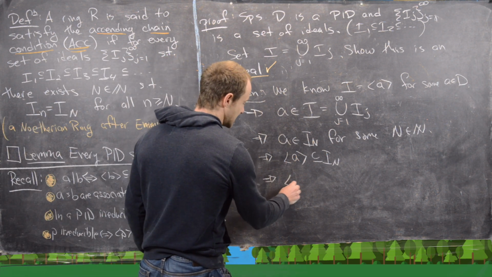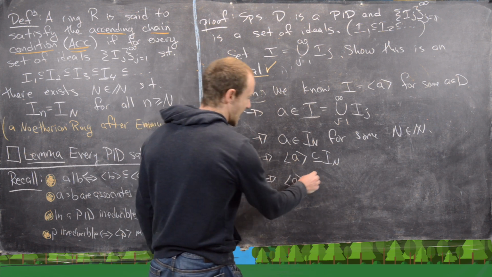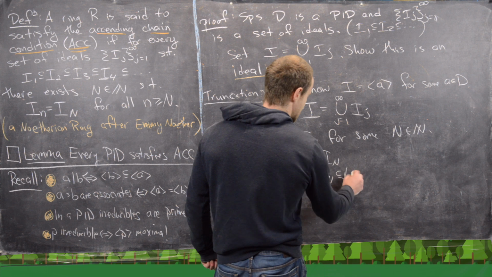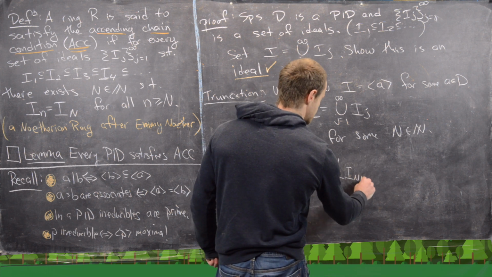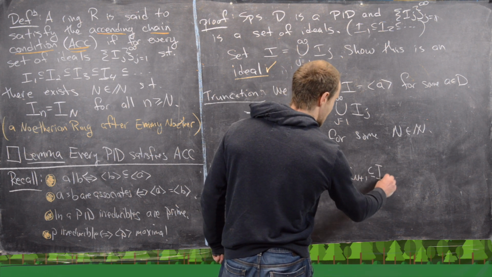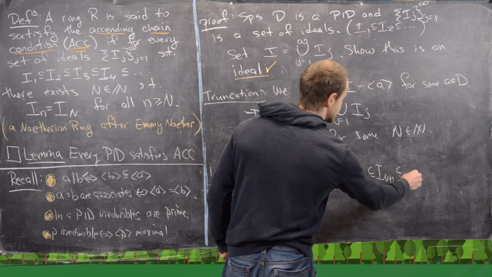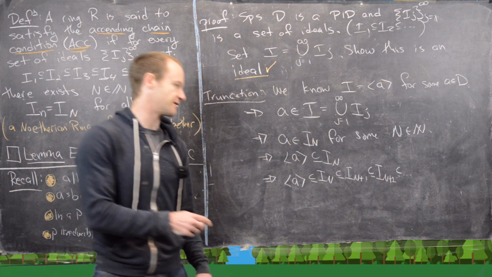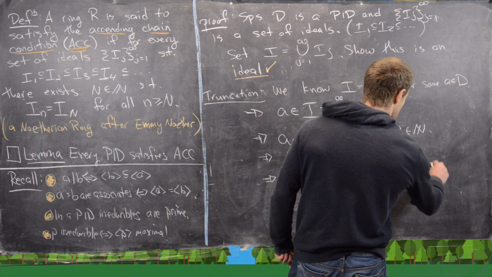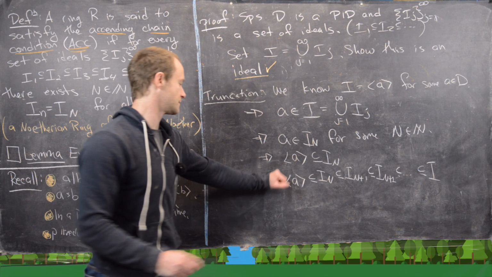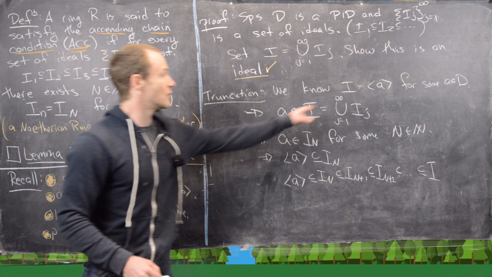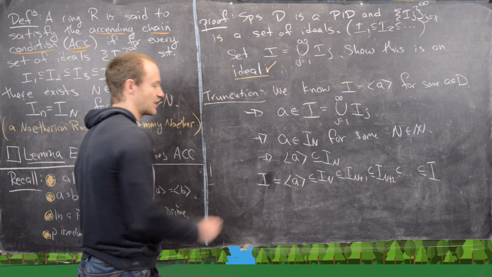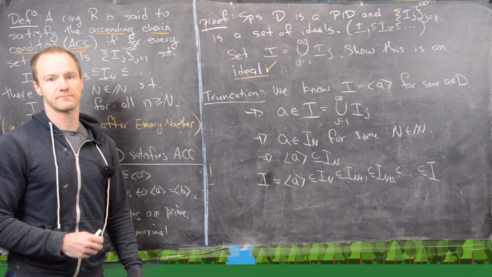So now let's see what we get out of that. The principal ideal generated by A is contained in I_N, but that's contained in I_{N+1}, but that's contained in I_{N+2}, and so on and so forth. But because capital I is the union, all of these are contained in capital I. Great. But then, remember, capital I is generated by A, so we can put capital I on this side over here.